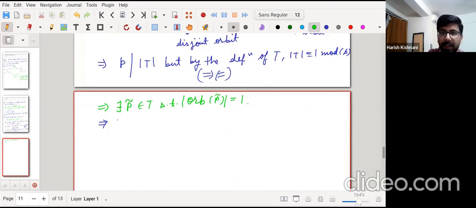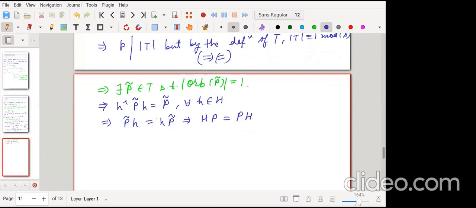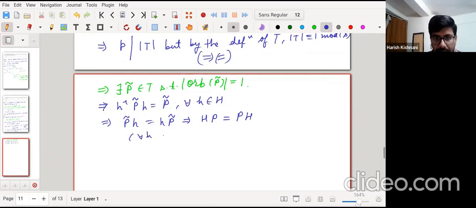So this implies that h inverse P delta h is again P delta for all h in H, and that means your P delta commutes with each element of H, which means your HP is the same as your PH, right? So this is happening for all h in H.